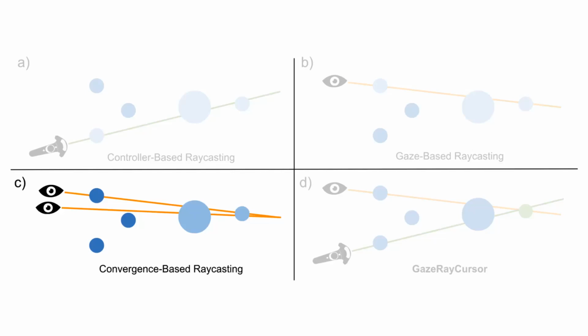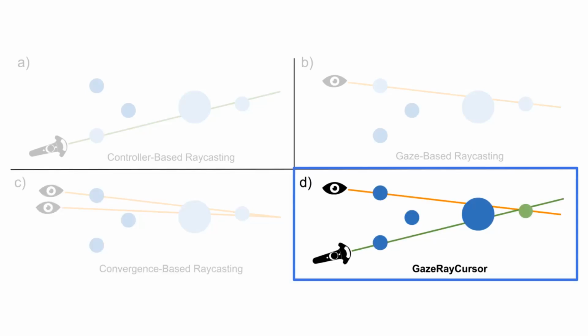So then the convergence point of the two gaze rays could be used to estimate the depth of the target. But the problem with this is because the two eyes are very close together, as the object is placed farther away from the user's eyes, the two gaze rays can become closer and closer to parallel.